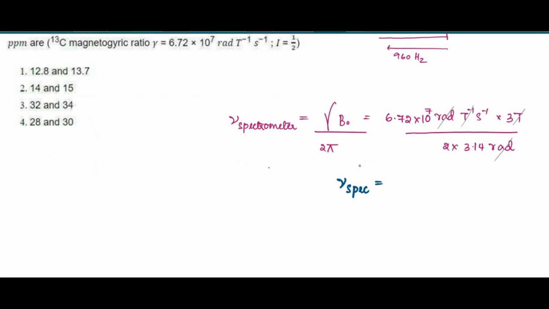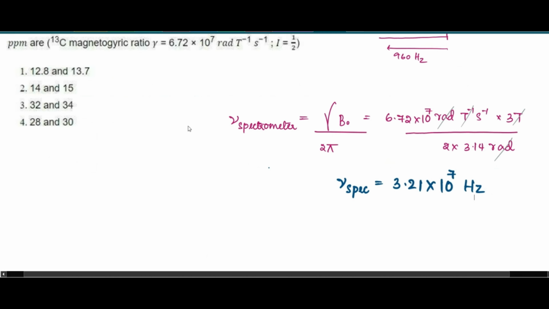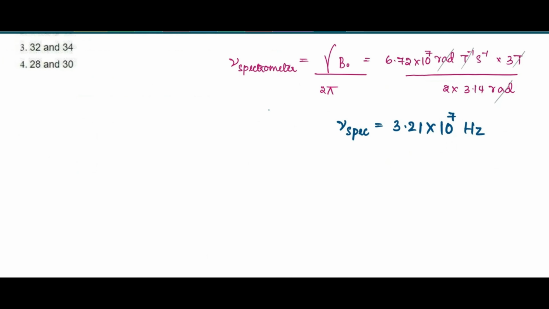So I have got 3.21 into 10 to the power 7 per second, which means that many hertz. Now for the equation, what you need to substitute in the equation is the frequency of the spectrometer in megahertz. To change to megahertz you multiply it with 10 to the power minus 6. Only then will it be in megahertz. So the spectrometer frequency is equal to 32.1 megahertz.